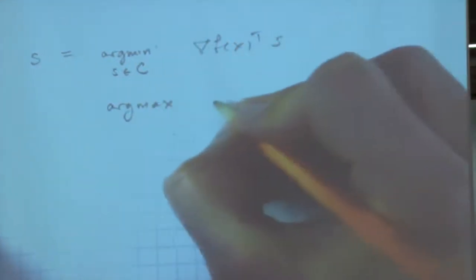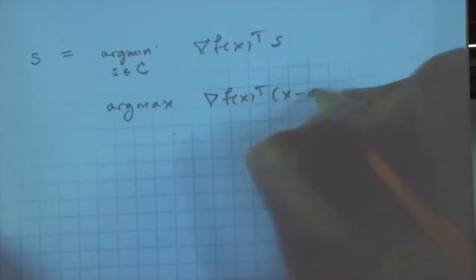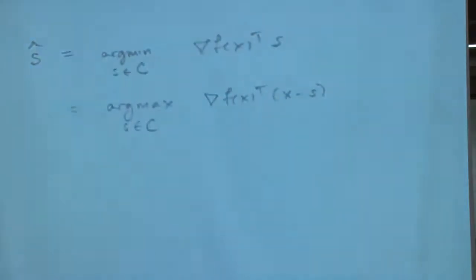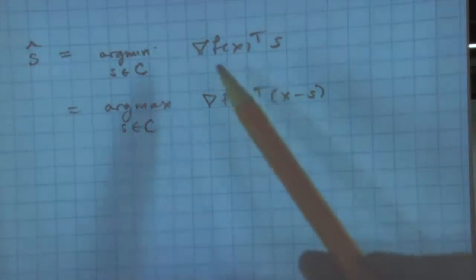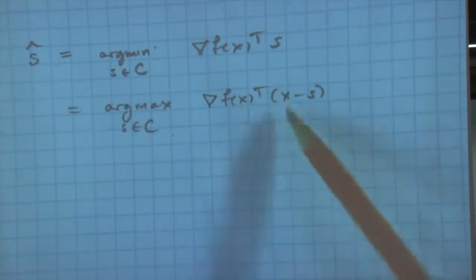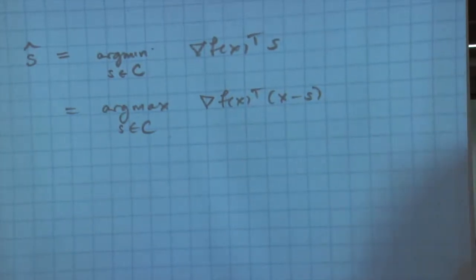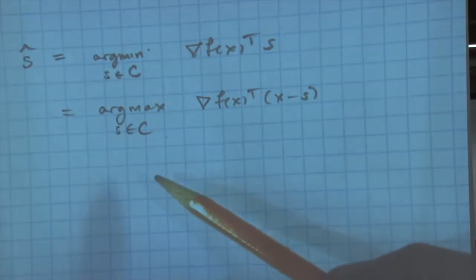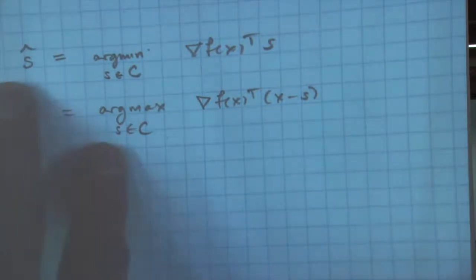And there's no loss of generality if I were to look at it like this. It's the same problem. If I ask you to minimize the inner product with the gradient, it's the same as maximizing the negative inner product, and this is just a constant. So it's really the same way of writing it, just a slightly different formulation. I'm looking for the argmin or the argmax. That's why these are all equalities. So this is the Frank-Wolfe update. We know how to compute this.